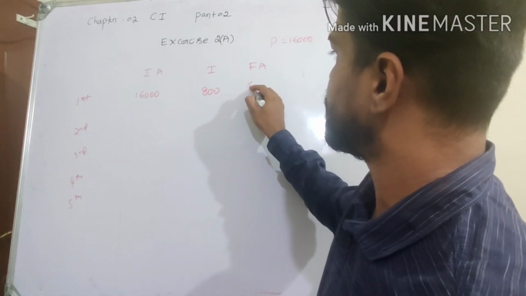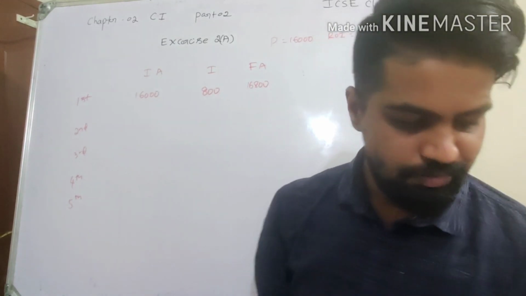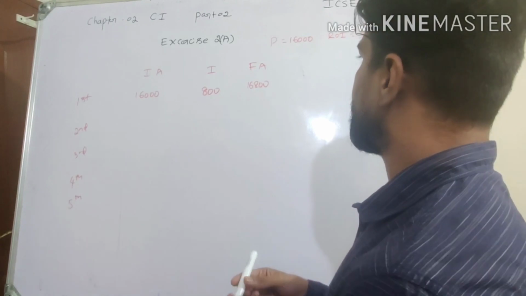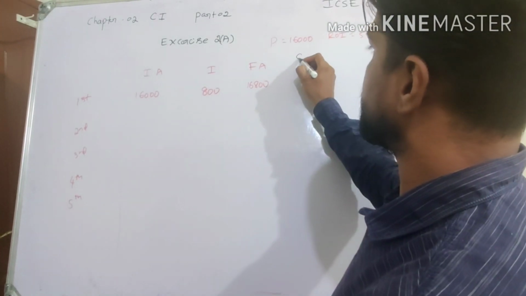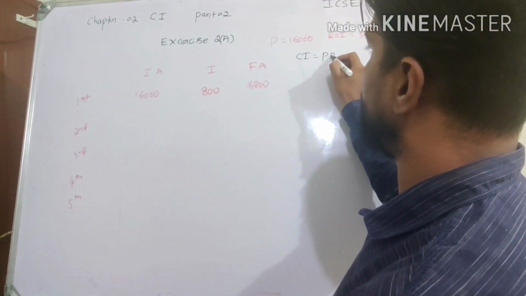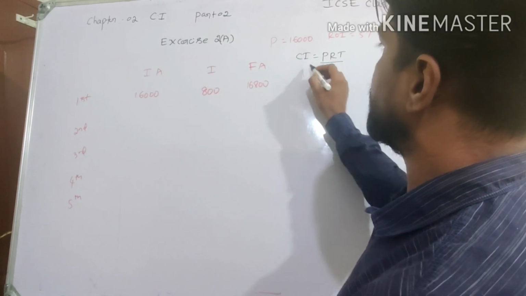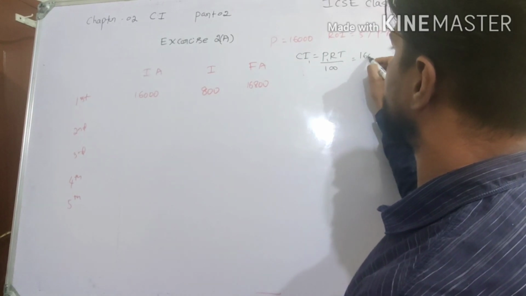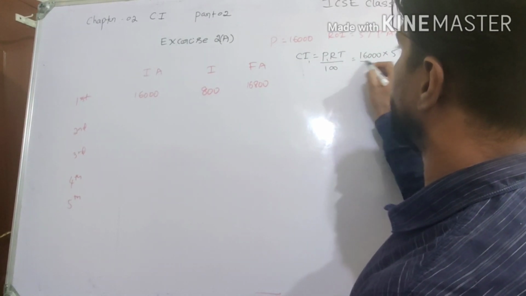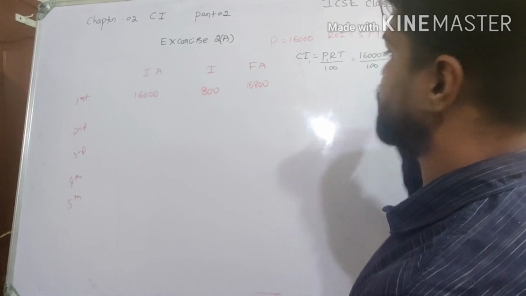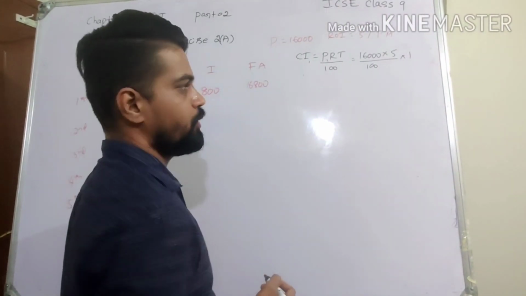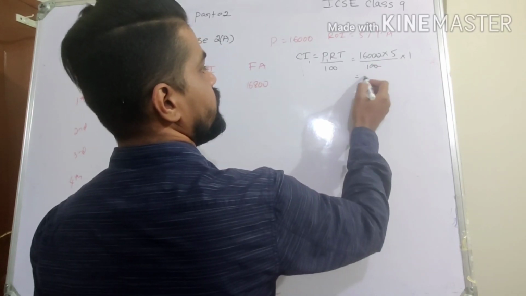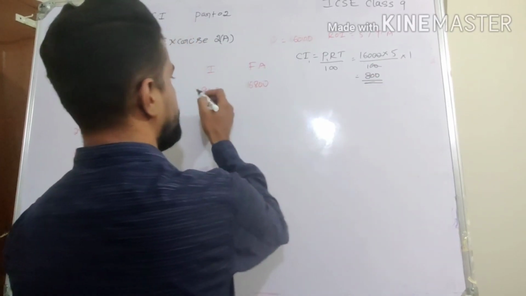How this came, you must be understanding, is because of the formula: CI is equal to PRT by 100. For the first year I'll take it as P1. P1 is 16,000, the rate is 5 by 100, and the time is only 1 year. When I solve this, the 0 cancels, and we end up with 800. That's what they have written.